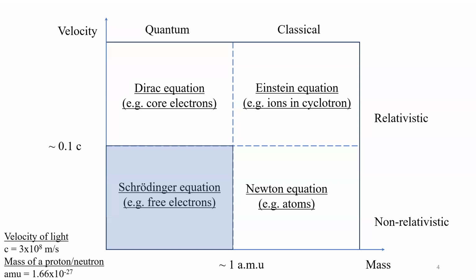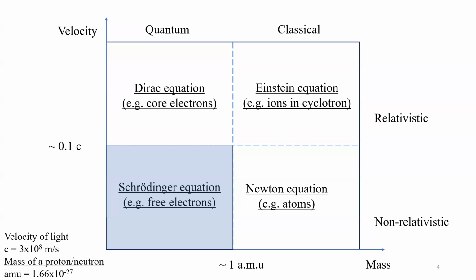So based on the velocity and the mass, we can categorize them into relativistic and non-relativistic equations. Usually we'll be dealing with non-relativistic equations, the Schrodinger equation and Newton's equation, for our mechanical engineering applications, unless you are designing a Hadron Collider and so on, in which case you'll have to think about relativistic equations such as Dirac and Einstein.